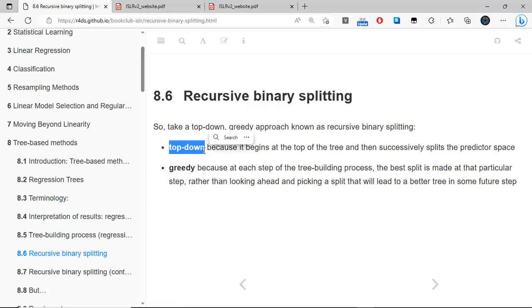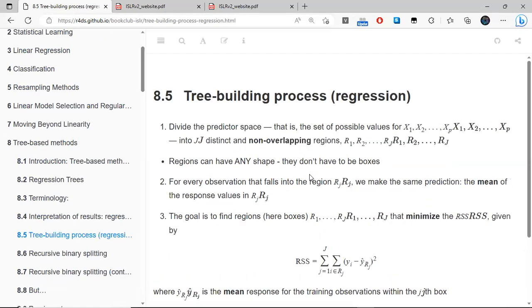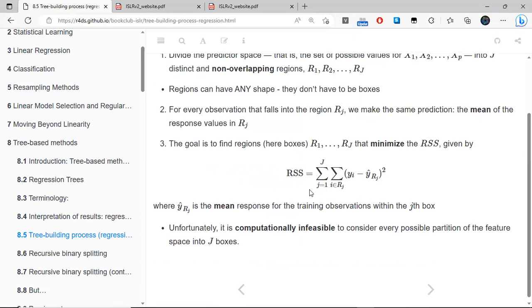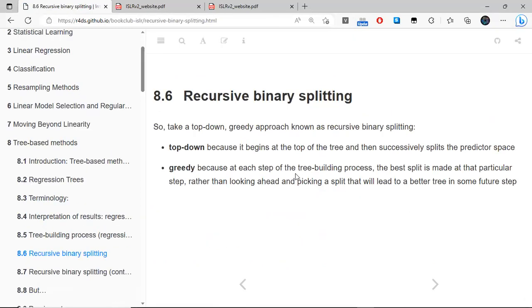That is top-down, because we start with choosing some predictor and some boundary for that predictor that minimizes quite a lot this RSS value. And from then we only make a binary decision. That is what this term over here of greedy comes from, because, no, sorry, this is other thing. Let's see, greedy.